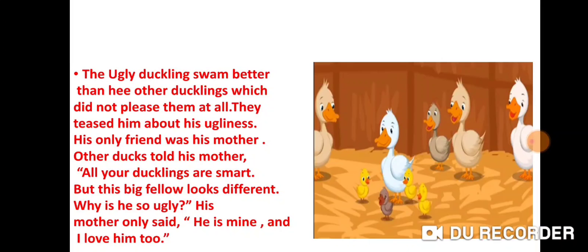The other ducks went on telling his mother that all your other ducklings are so nice and fluffy, yellow and very soft. But this fellow is so weird, so different, so big, so ugly. His mother only said, "He is mine and I love him too." This is the reply given by the duckling's mother, that all her babies are the same, including this ugly duckling, and she loves him as dearly as the others.